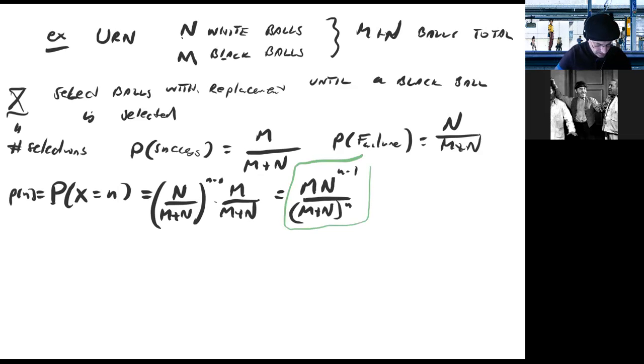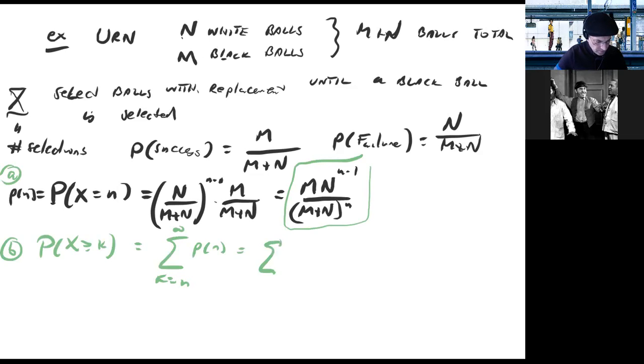Okay, this is actually part A of the question. There's a part B. What is the probability that X is at least k? Well, that's the sum, n goes from k to infinity, of p of n, which is the sum of M times N to the n minus 1 over (M plus N) to the n, n going from k to infinity.